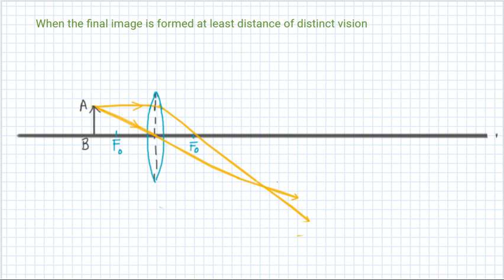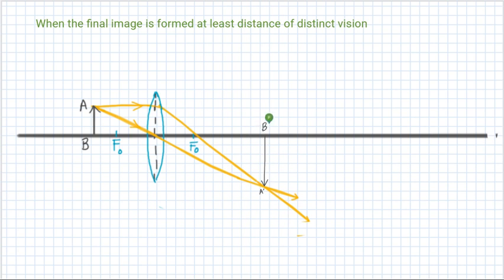Now at this intersection point, an image of this object AB will be formed. Let this image be A dash B dash. It is in the downward direction, and this is your A dash and your B dash.